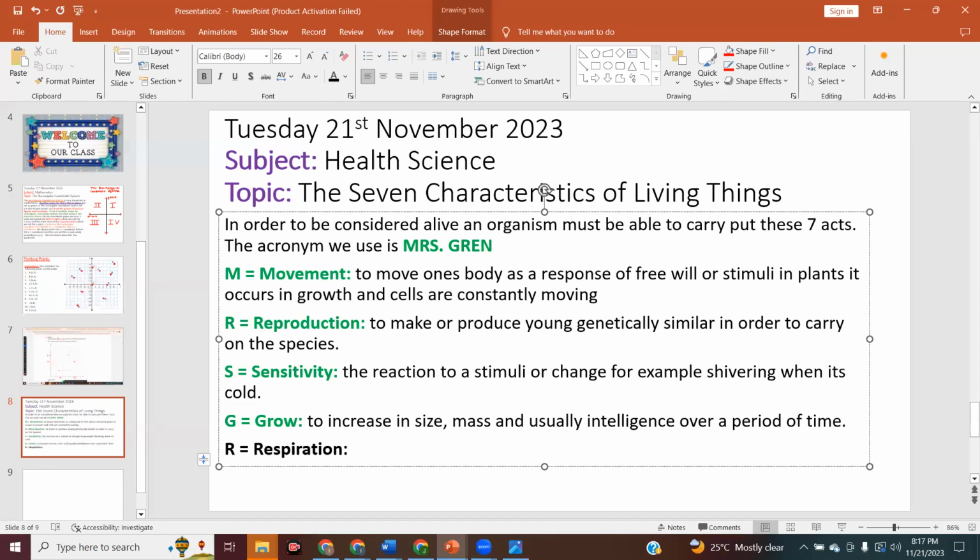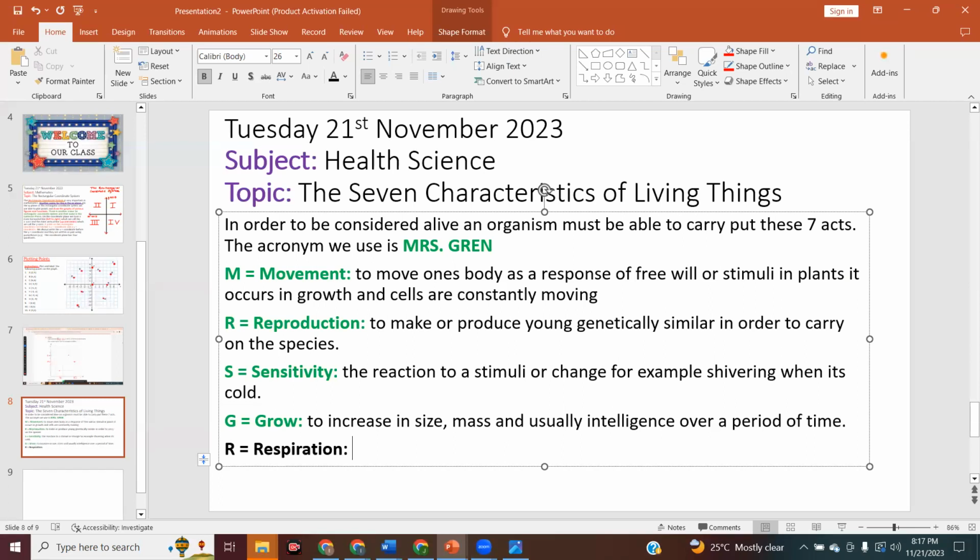Who said that? Tavia. Very good. The ability to get energy from food. That's what we do when we conduct the process of respiration. So we use oxygen to break down food to release energy.